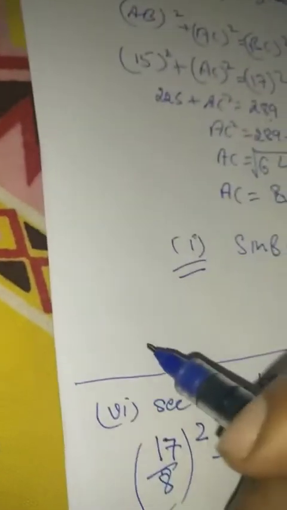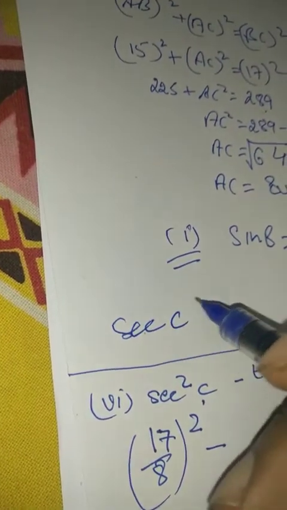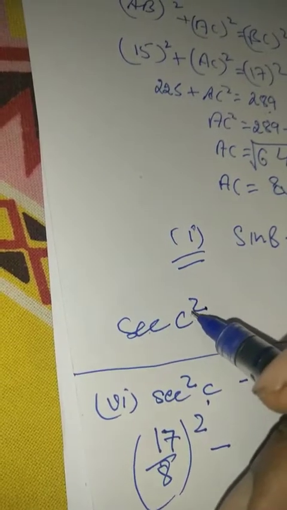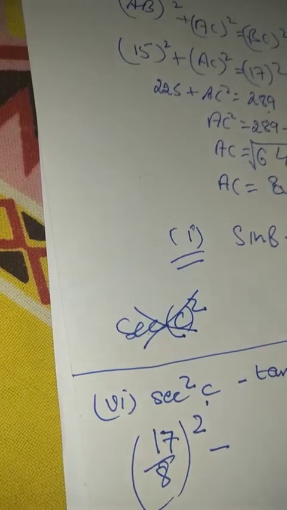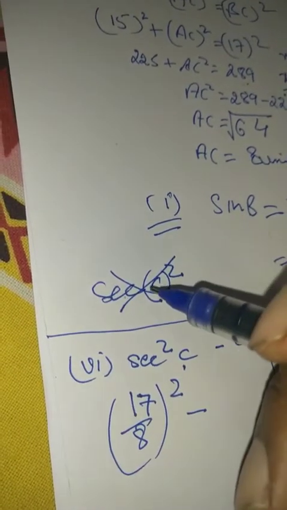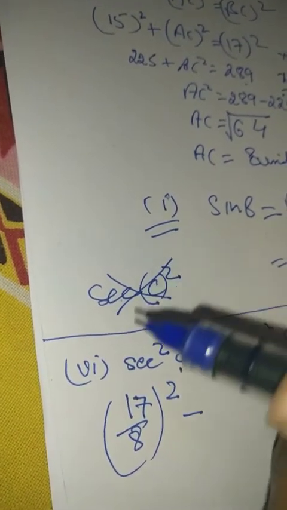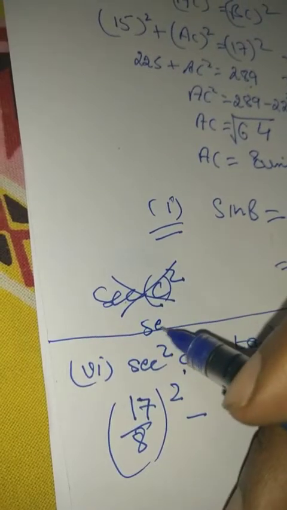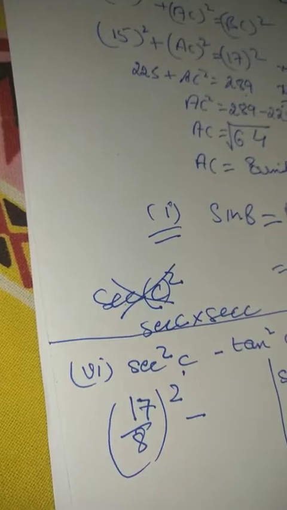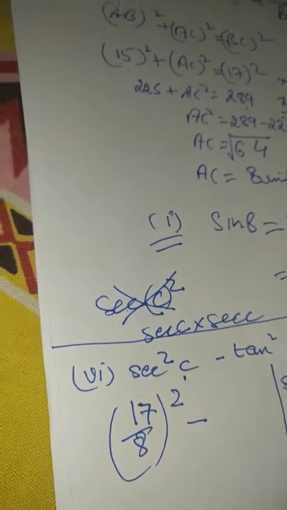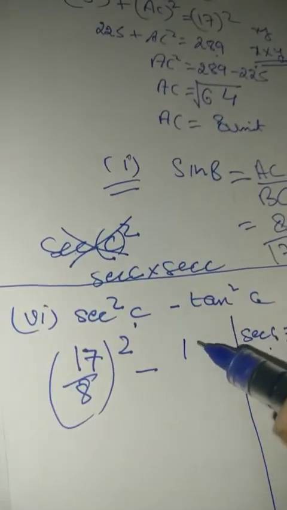Sec square means sec into sec, like this value into this value. So that is what we write as sec square C. Similarly tan square C means the square of 15 upon 8.